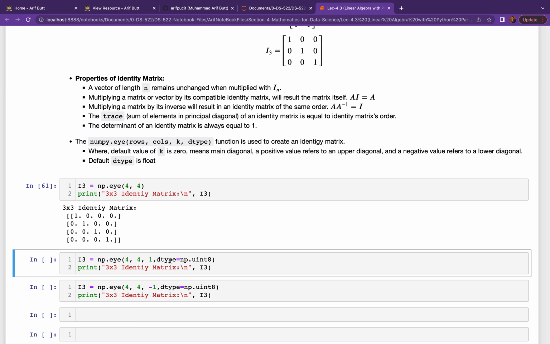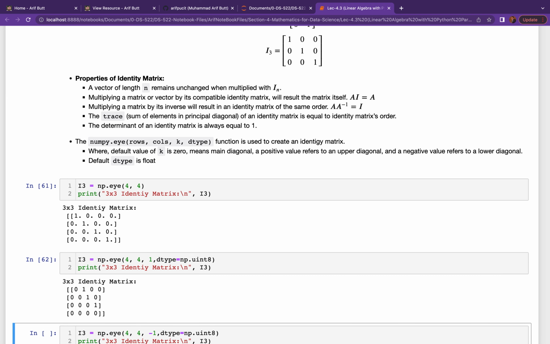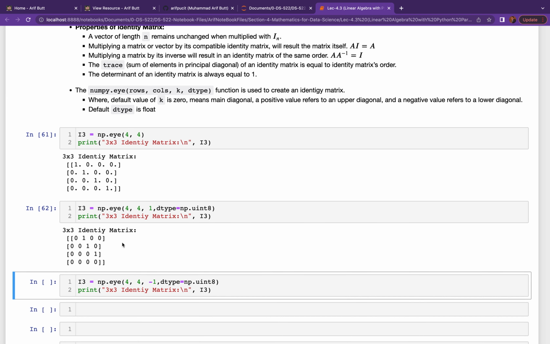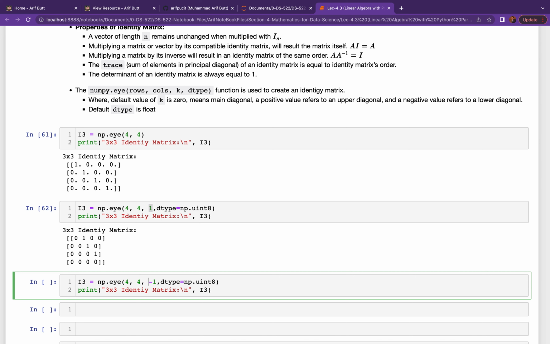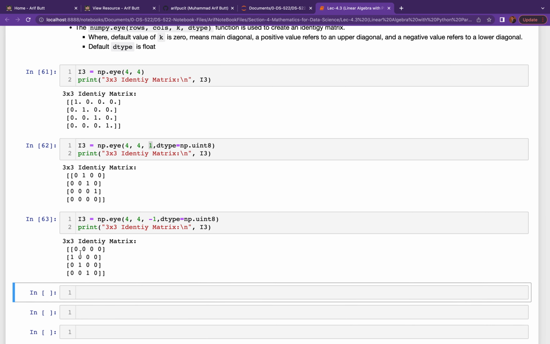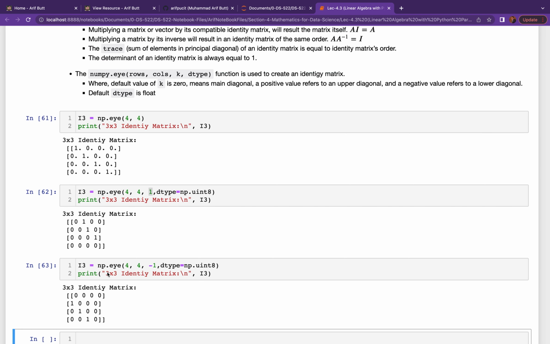So this is an identity matrix of size 4x4, and if you want to create an identity matrix having the ones not on the main diagonal, but one position up, you pass this one over here, the third argument, and if you pass this as -1, you get an identity matrix in which the main diagonal does not contain 1, rather the diagonal below the main diagonal contains 1.